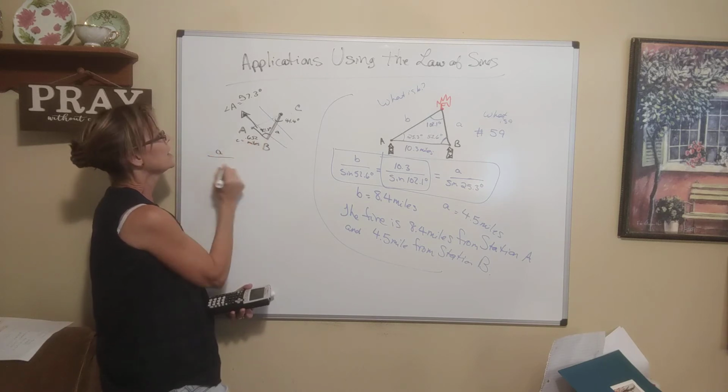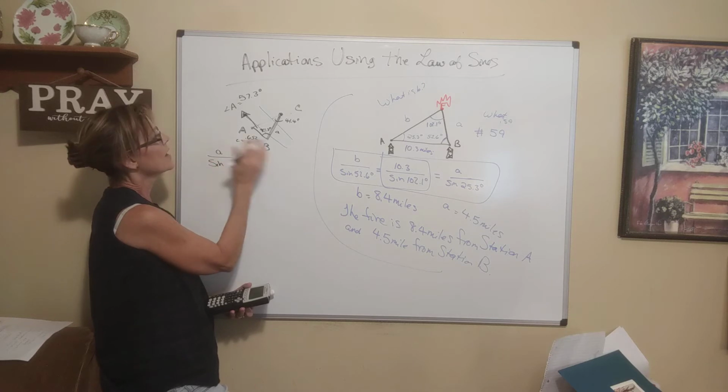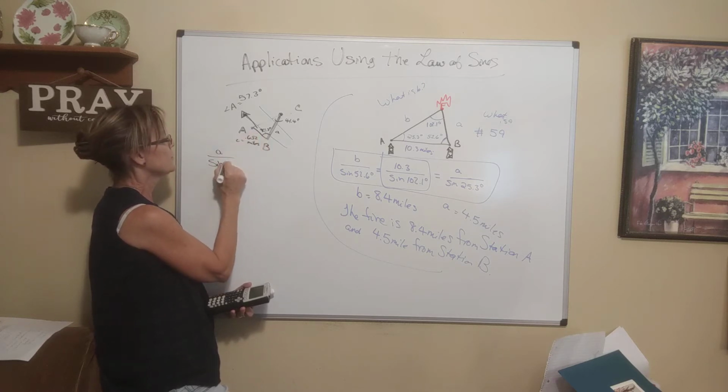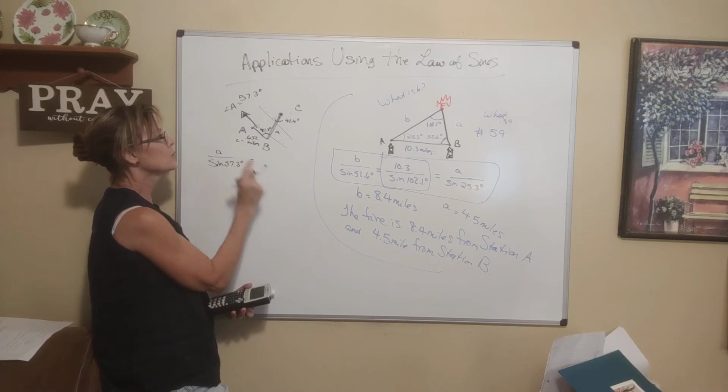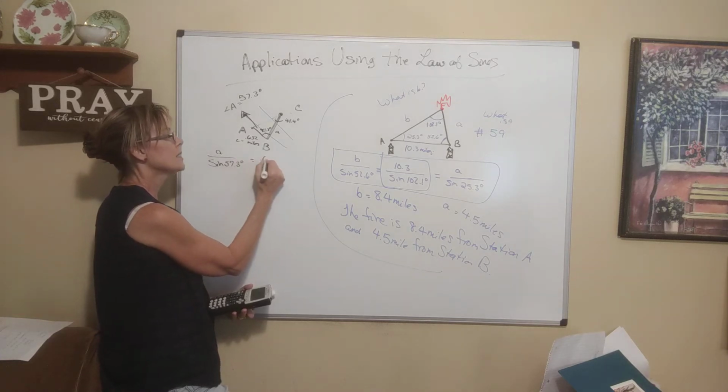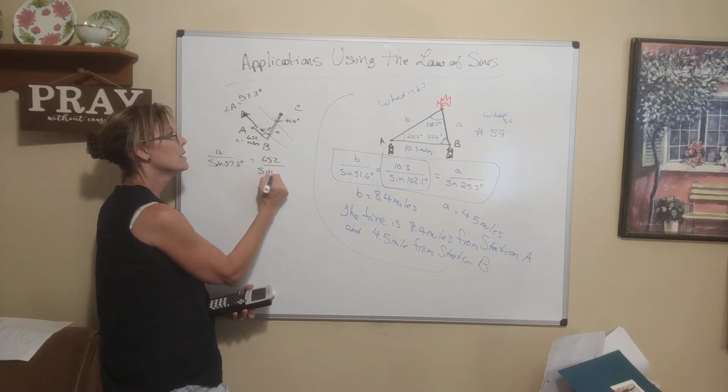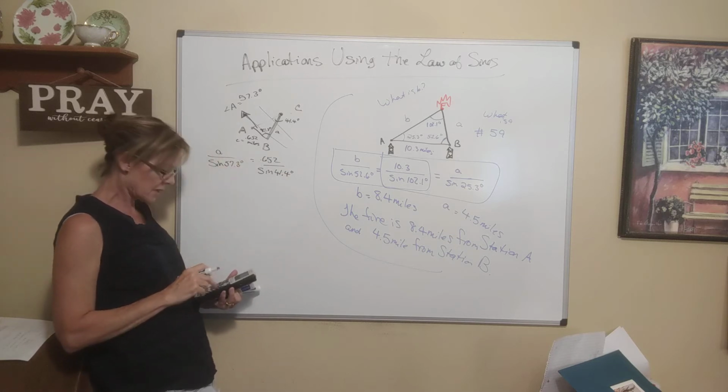So we'll say little a is to the sine of the angle A, which is 57.3 degrees, as what information do we know? We know this side, 0.652 miles, is to the sine of 41.4 degrees. Let's cross multiply and figure this out.